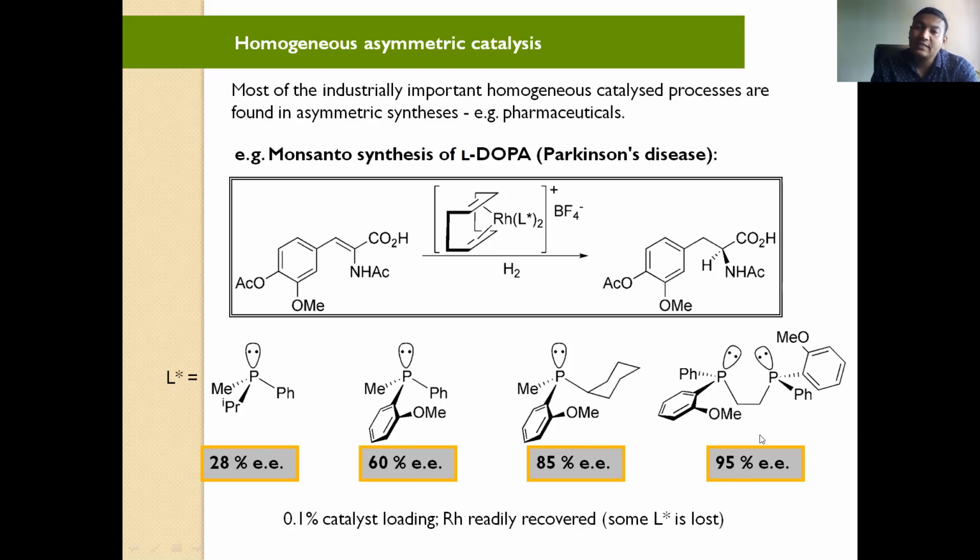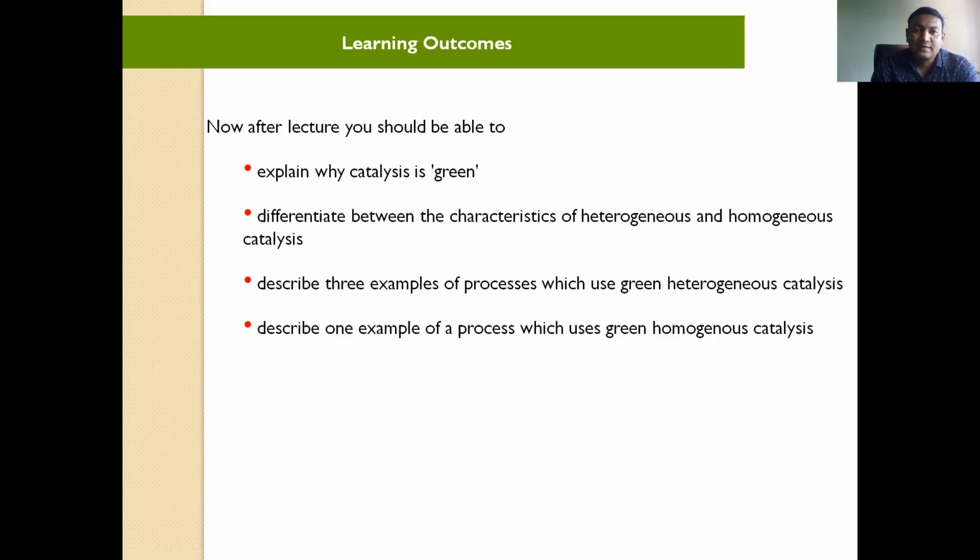How much? 95%. So again, this catalyst has played a very important role here. So this is another example of homogeneous catalysis to prepare asymmetric synthesis, right?